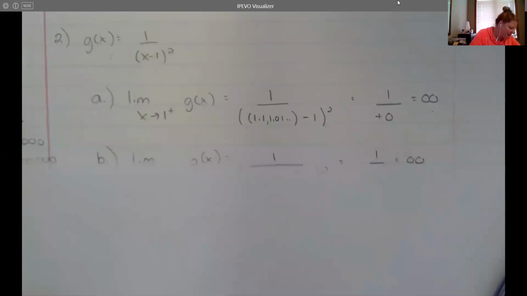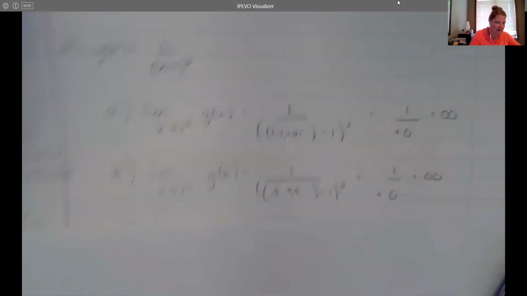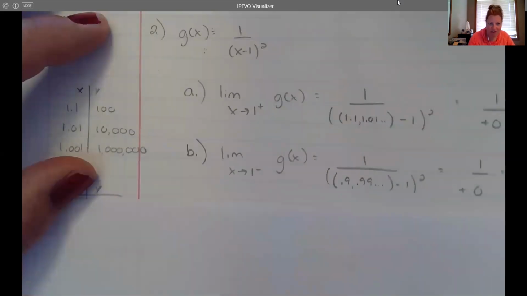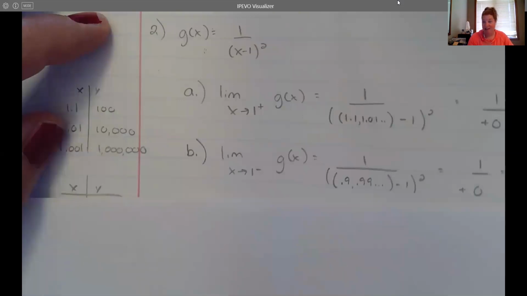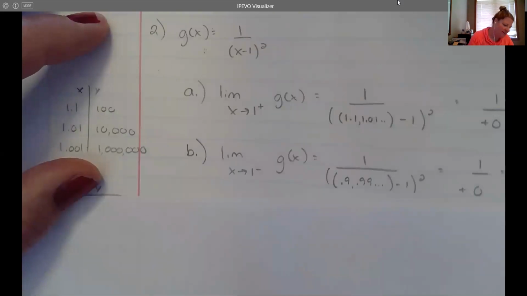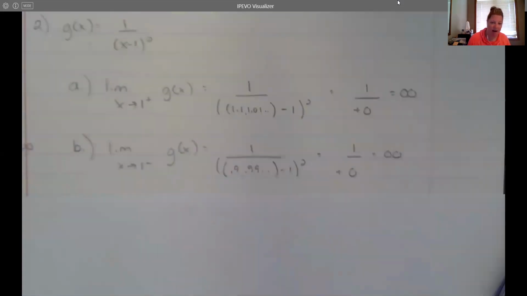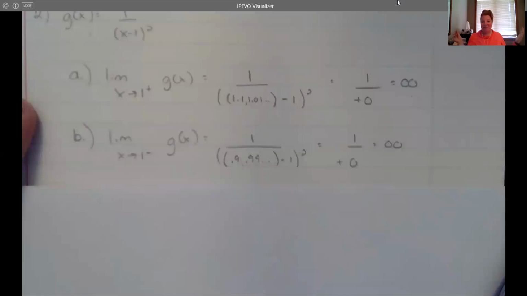Okay, what's the other thing I could have done? Can't quite see my chart on the side there. I could have put the values into the function right here, and I would have gotten huge numbers quick. Then you can see it's going to infinity. For part B, what about from the left side?